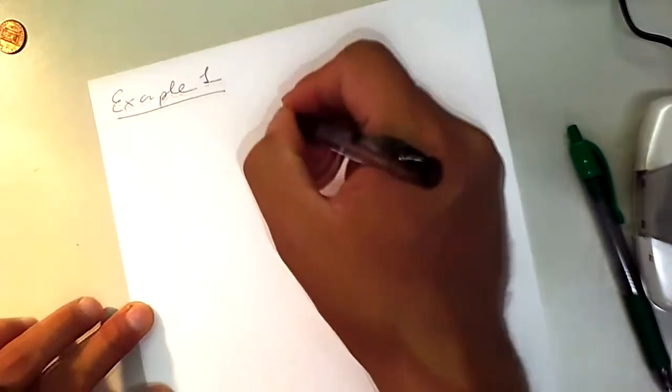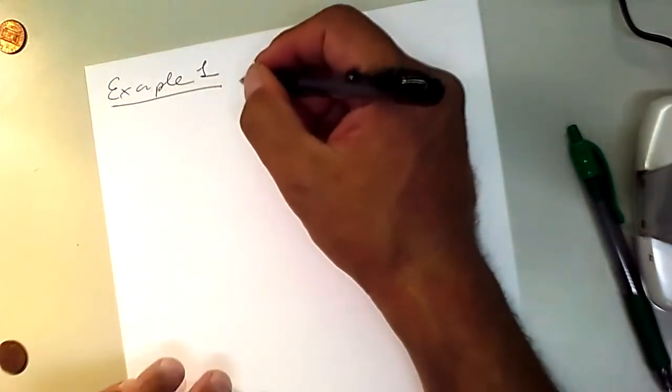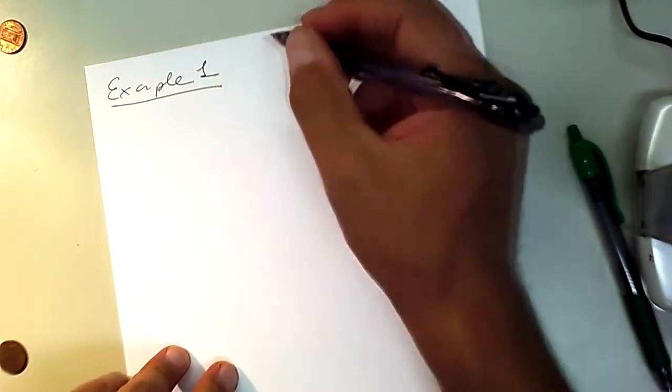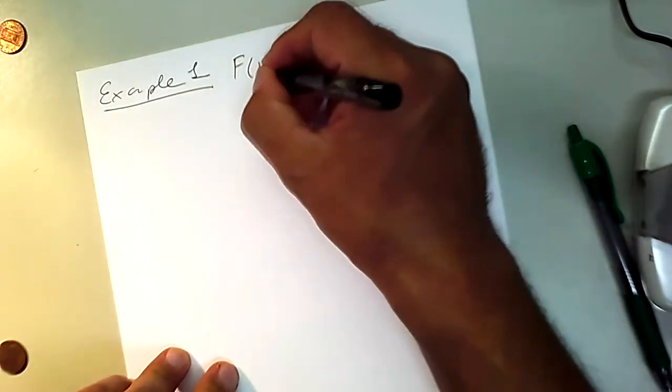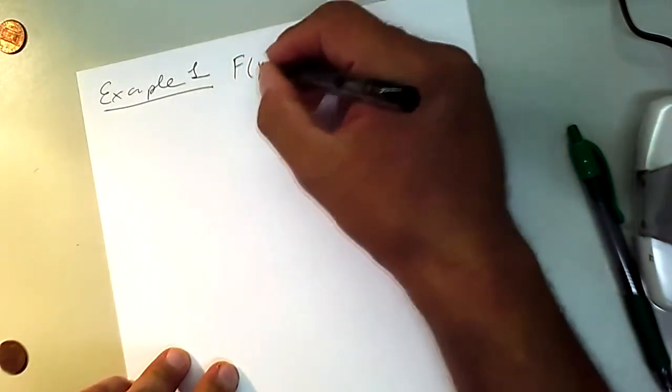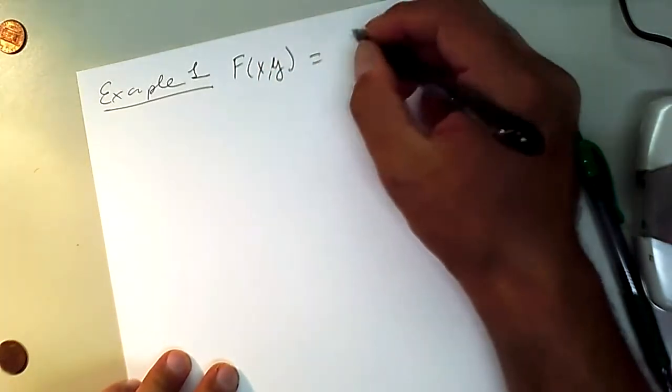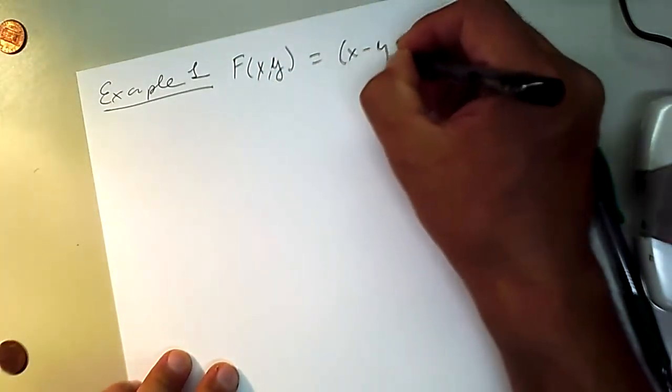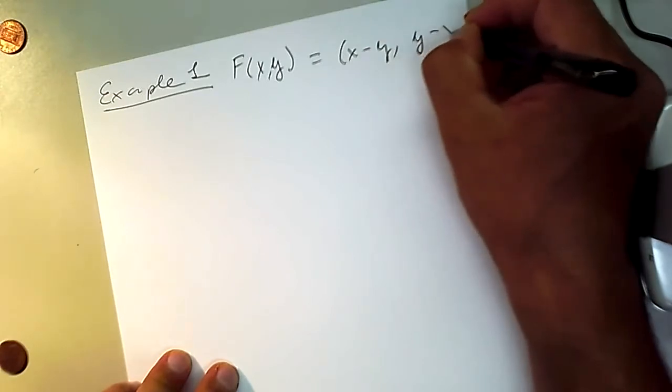Example 1, and we're going to do this using two methods. So let's say we have a vector field f of x, y, which will be x minus y, comma, y minus x.